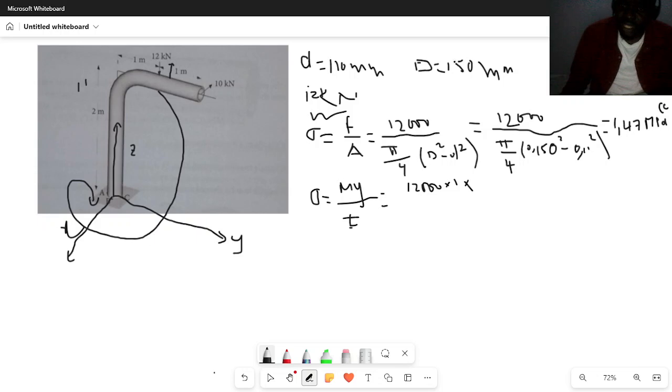The diameter here is 150. If you divide by 2, it is 75. So the radius here would be 0.075.